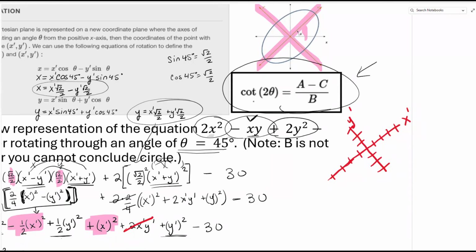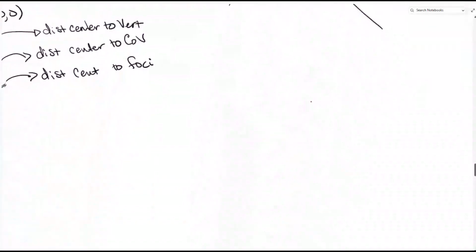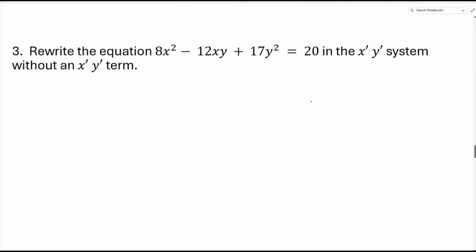So the cotangent of 2 theta is A minus C over B. The cotangent of 2 theta is equal to, well, here's my A, here's my B, here's my C.